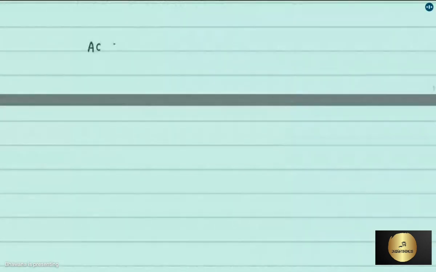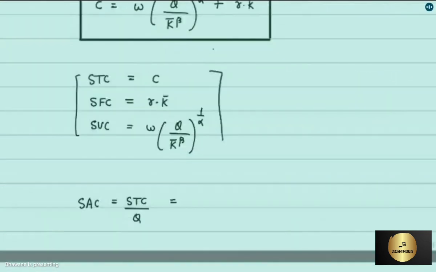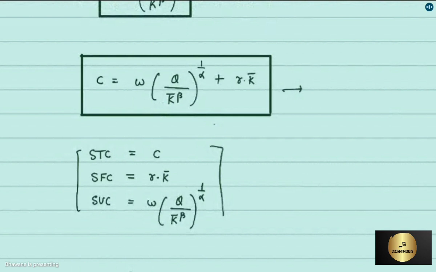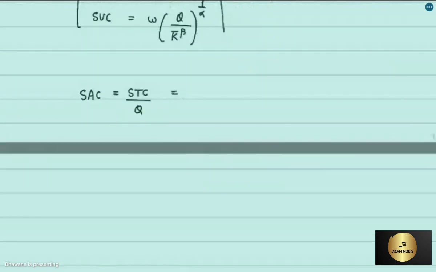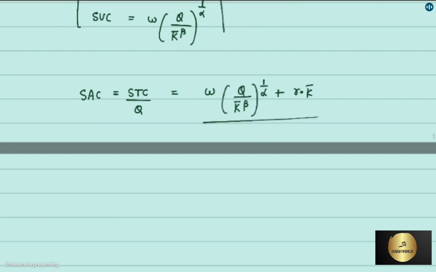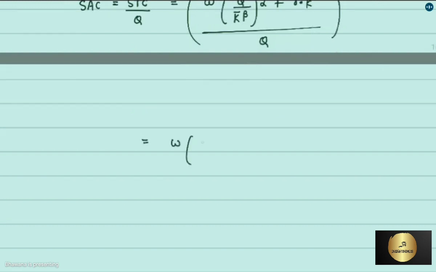As we know, short run average cost is equal to short run total cost divided by Q. So let's divide this whole term by Q. You will get W (Q / K̄^β)^(1/α) + R K̄, divided by Q. Individually, each term is divided by Q.